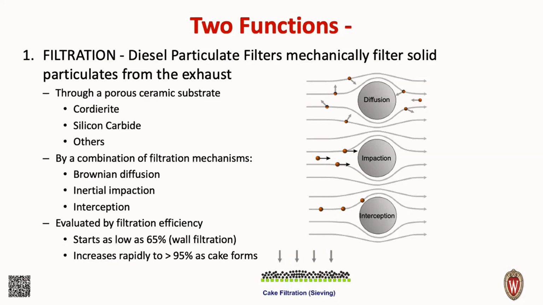You can see here these green dots represent my porous wall, but so much soot has come in so quickly that they have done what's called pore bridging and created a layer on top. As these particles pack in, the interstitial spacing between them is actually smaller than the spacing of the wall pores. And then the cake itself becomes the major filtration mechanism.